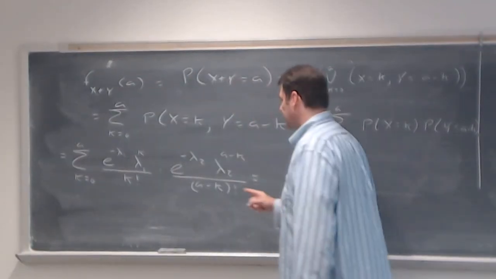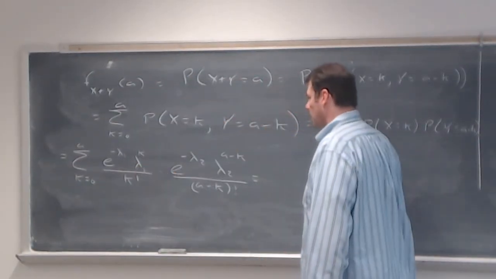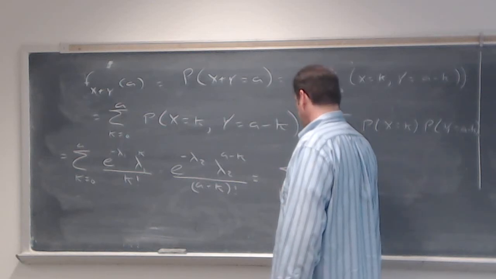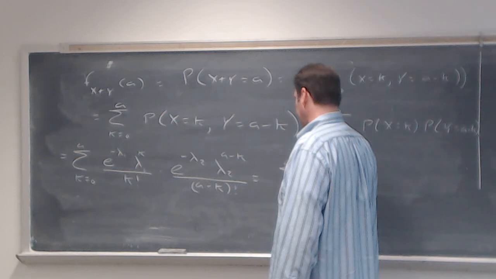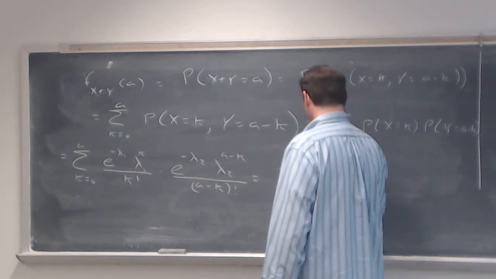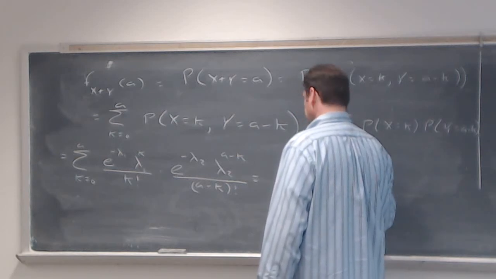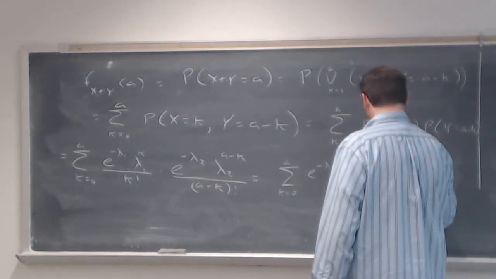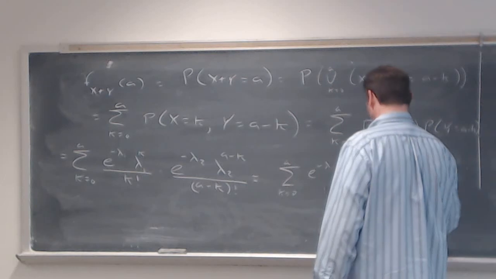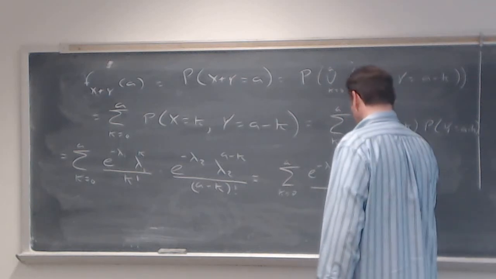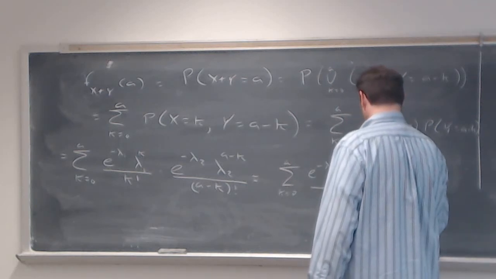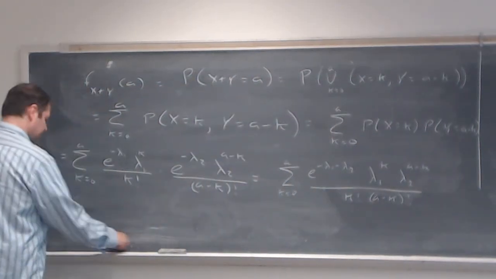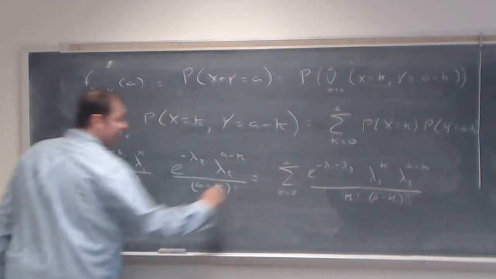Working with this, I can combine the e to the minus lambda 1, e to the minus lambda 2 to get a sum as k runs from 0 to a of e to the minus lambda 1 minus lambda 2. And here, I'll write down lambda sub 1 to the k, lambda sub 2 to the a minus k, all over k factorial times a minus k factorial. I can pull out the e to the minus lambda 1 minus lambda 2 because it doesn't depend on the index k.